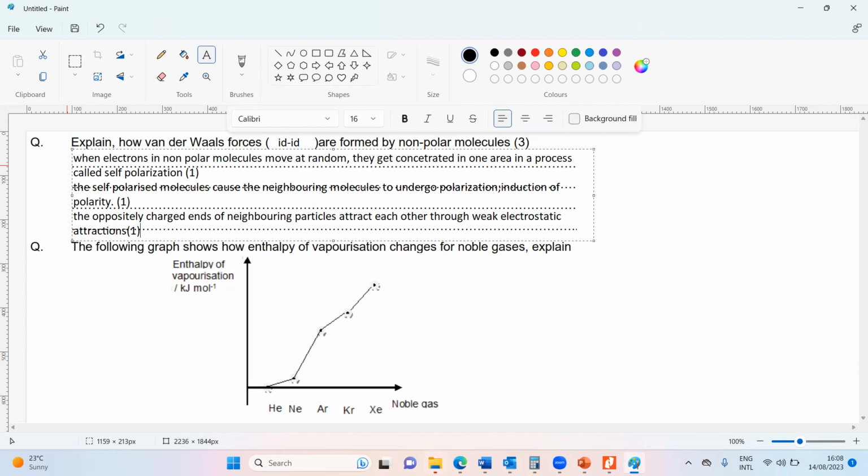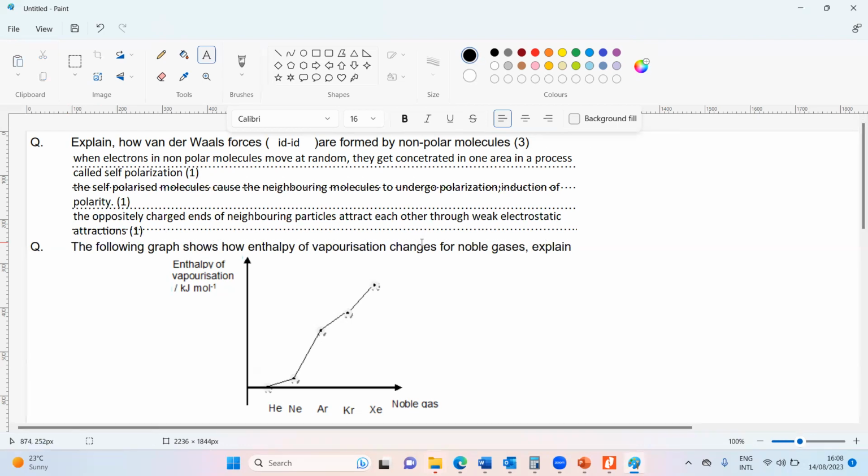You get 1 mark for this. See, there are 3 marks. This question was taken from a past paper: how van der Waals forces are formed. We go to the next one.